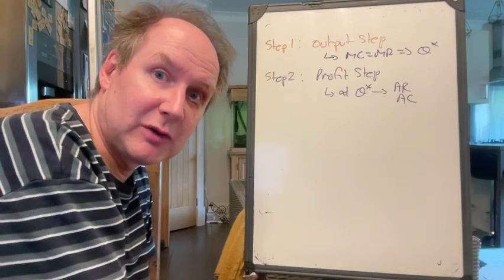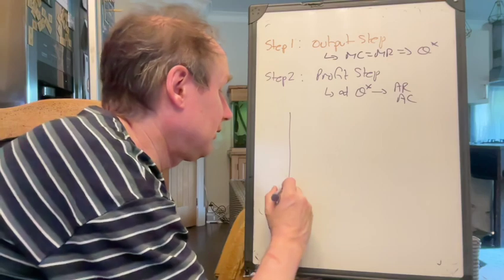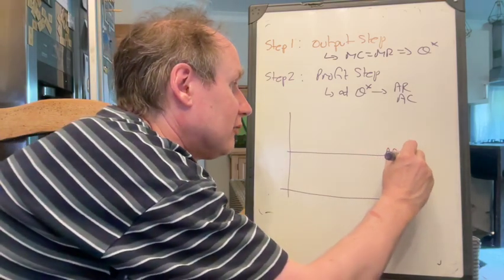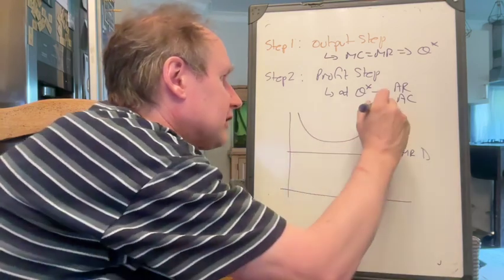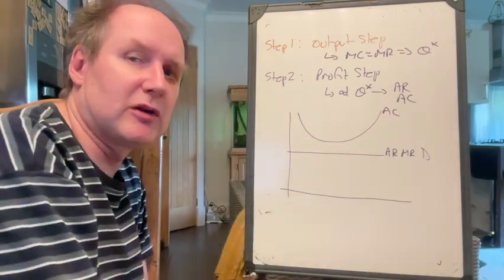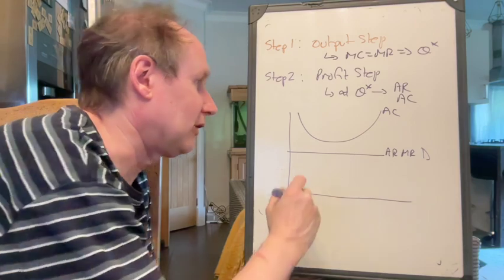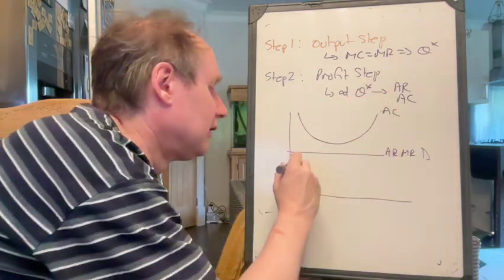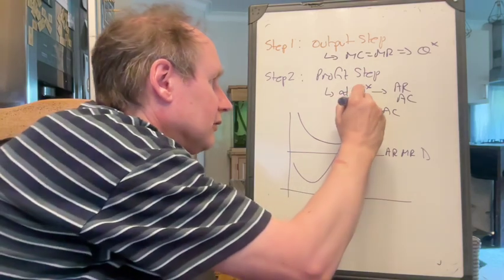So let's do it for a loss-making firm. That's average revenue, marginal revenue, demand. If it's making a loss, then average cost is going to be above average revenue at all outputs. I'm going to make that slightly more like that. Here's marginal cost.